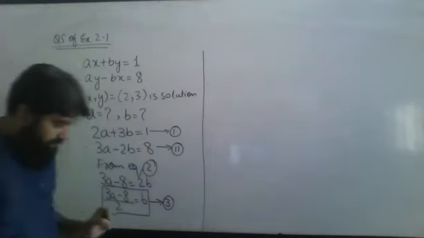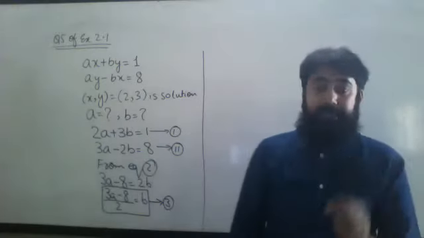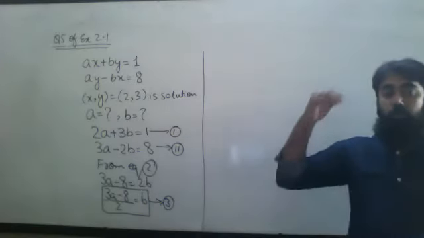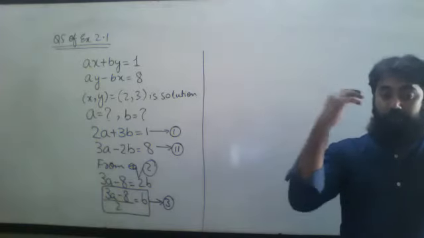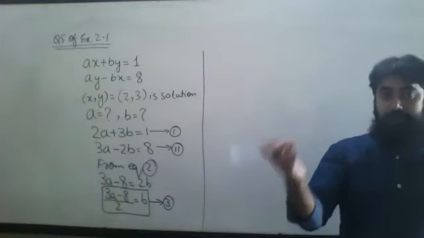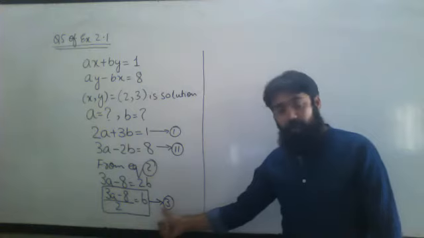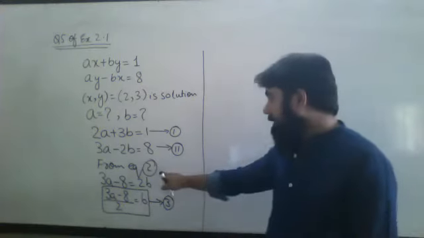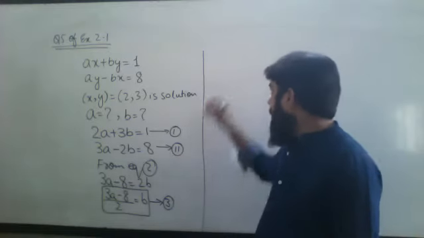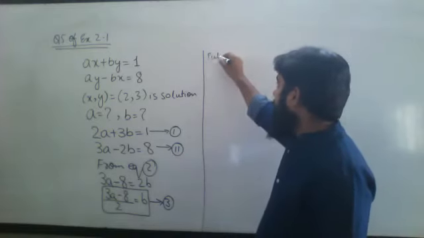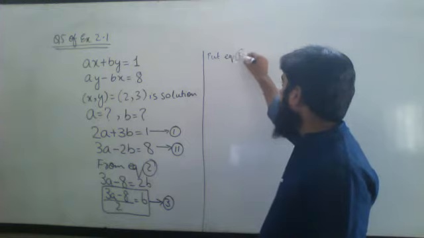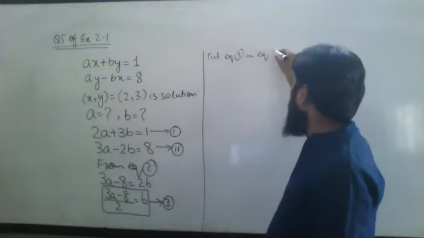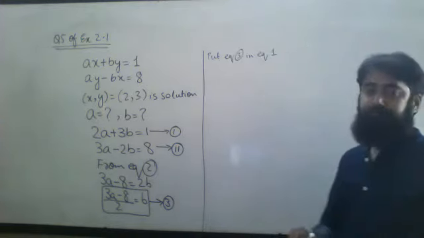So take care of this thing, that in the substitution method, whatever equation you choose in the first place will not be used to plot your equation number 3. Okay, so I have started from equation number 2. So I put equation 3 in equation number 1.